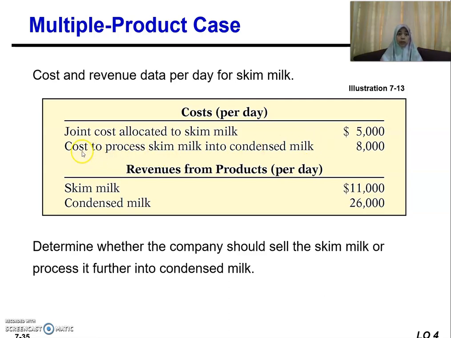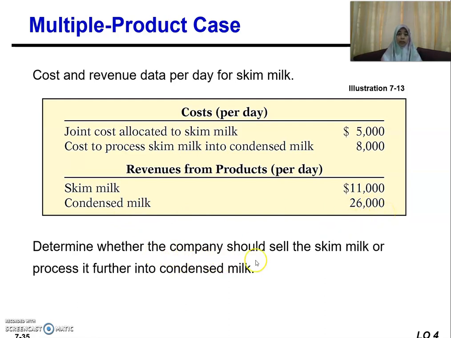So the cost to further process your skim milk into condensed milk is 8,000. What about the revenue? If you sell the skim milk, you will get 11,000. And if you further process and then sell as condensed milk, you will get a revenue of 26,000.